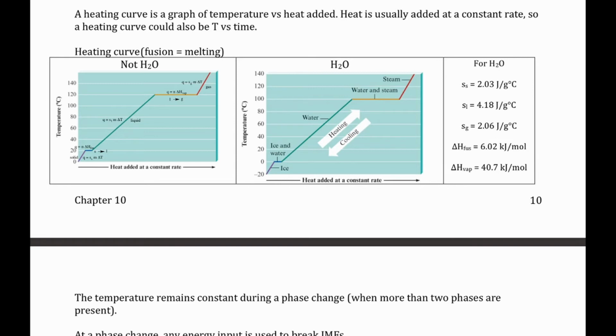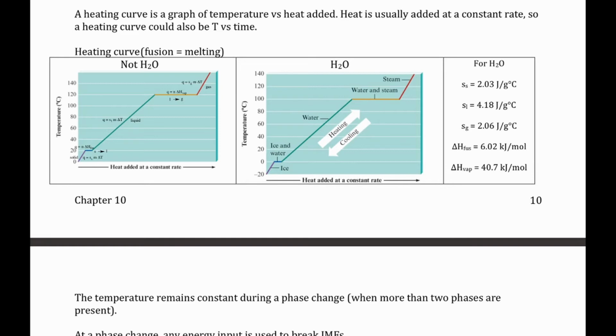The heat added causing a temperature change, we could calculate from the equation Q is equal to ms delta T, where the S that we use, we see in that last column, is for solid water having the value of 2.03 joules per gram degrees Celsius.